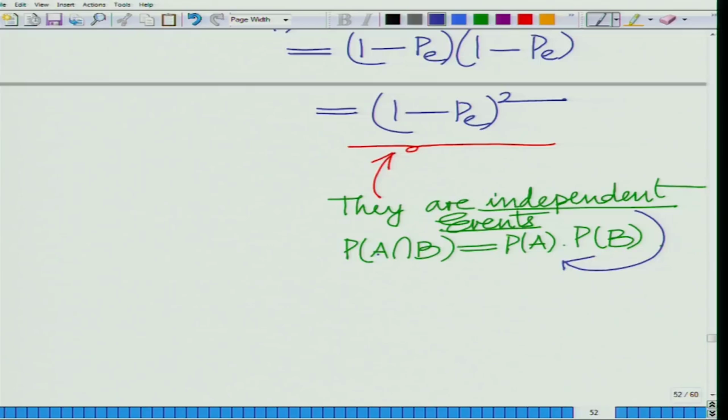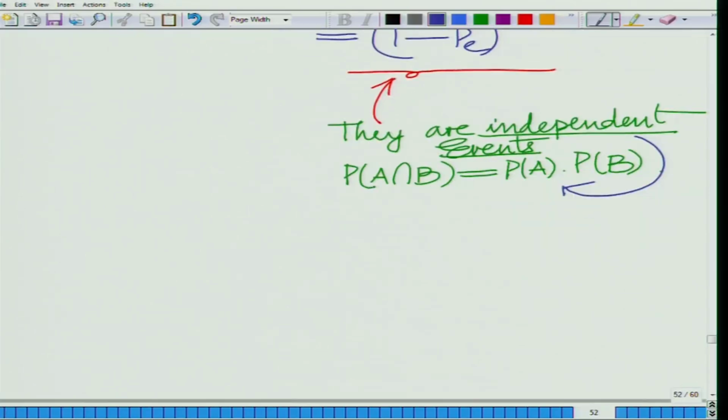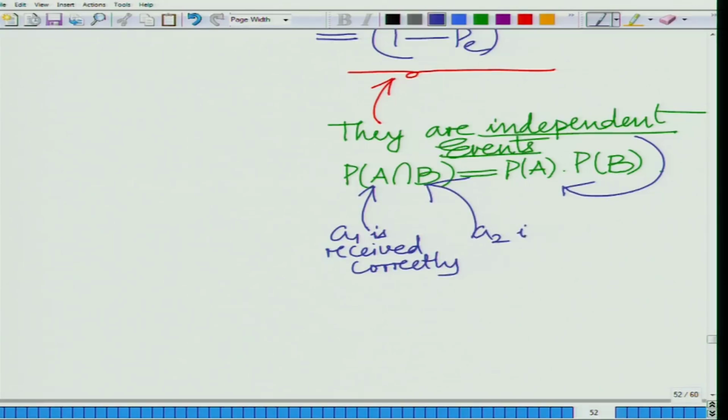Therefore, let us say this is event A, that A1 is received correctly, and this is event B, that A2 is received correctly.